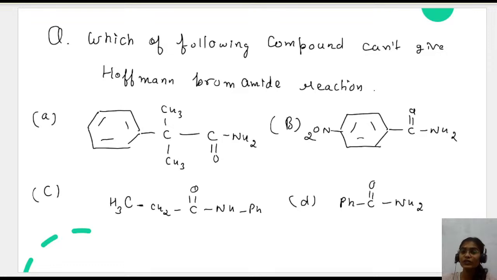Check for A, B, C, or D, in which option we are not getting primary amine. Okay, Lakshmi, I'm waiting only. Take your time, everyone, and then answer the question, please. And it's a PYQ. Let me check the year. It's a JEE Main question. Okay, Neharika.